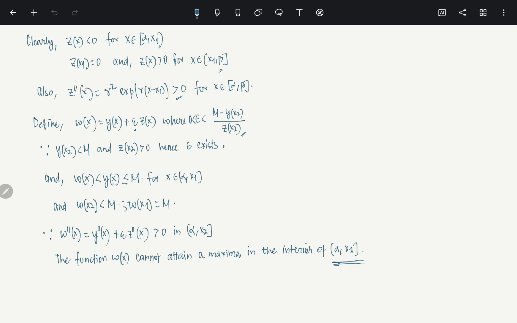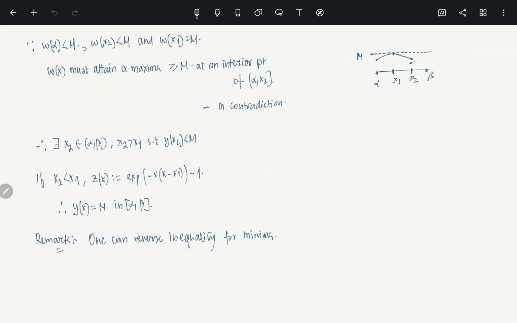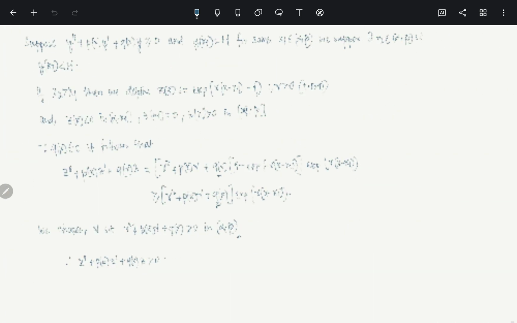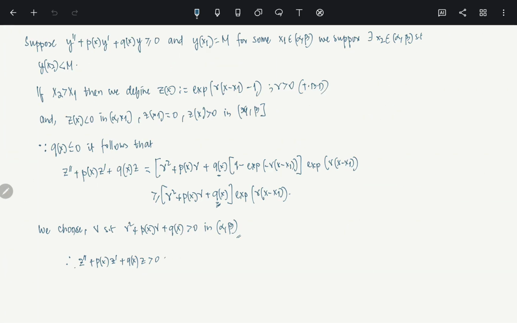We showed that w double prime is strictly positive, and then it cannot attain a maximum. This you can say using the first part of the theorem, and then use this logic, exactly the same sort of logic works, and you show that the maximum cannot be attained. So basically you will get a contradiction.